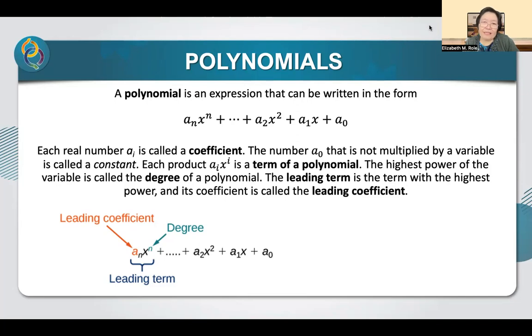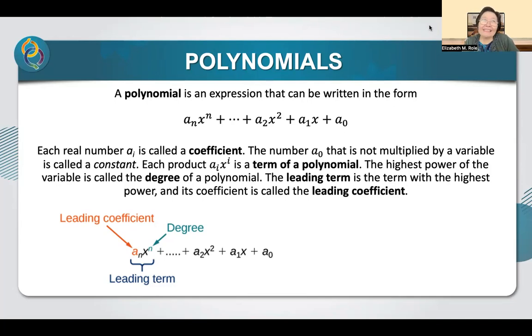When I have a sub 0 that has no variable, of course, we know that is a constant. And every coefficient and a variable with exponent is considered a term. You know how it is with algebra, we need to learn their language.